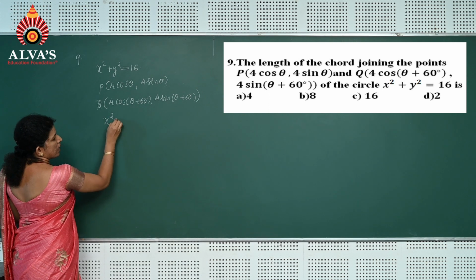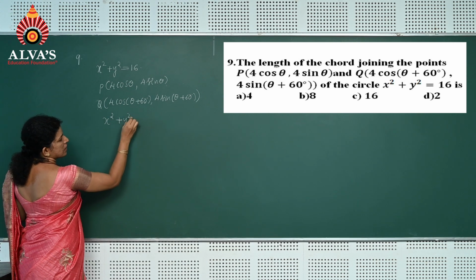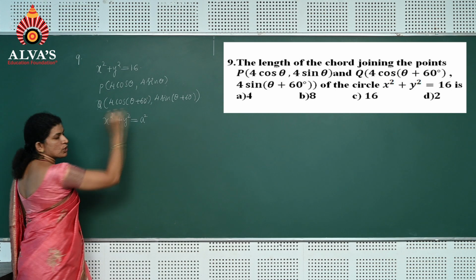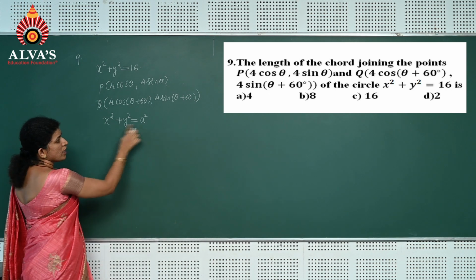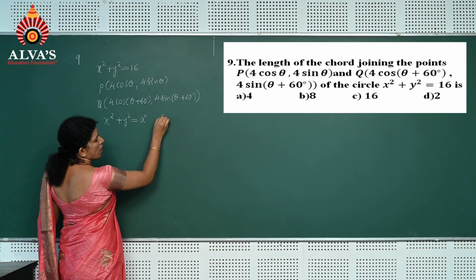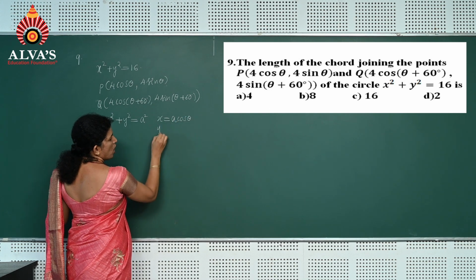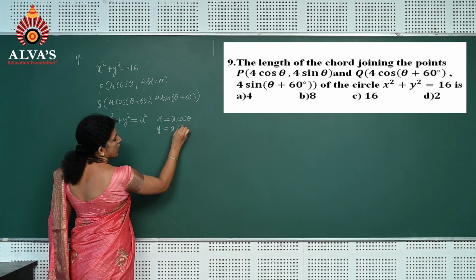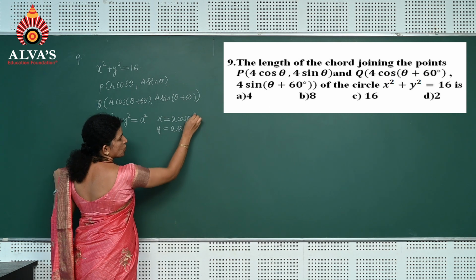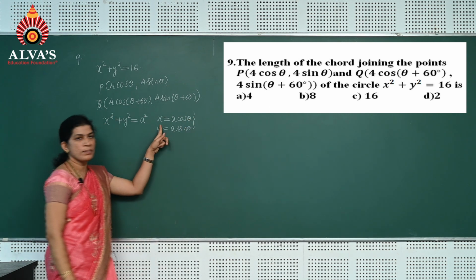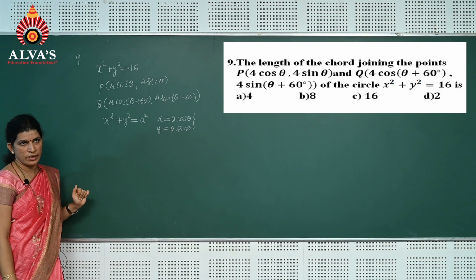Come to the standard equation of the circle, that is x square plus y square equal to a square. Any point on the circle is nothing but x equal to a cos theta, y equal to a sin theta. These two are referred to as the parametric equations of the circle.